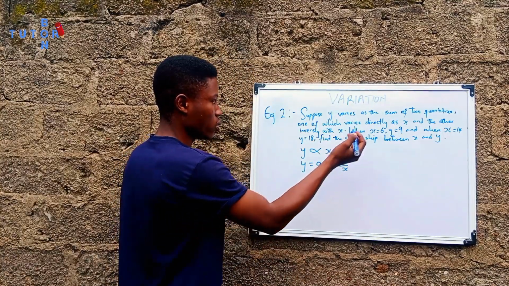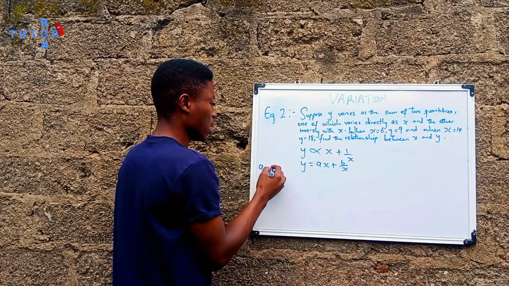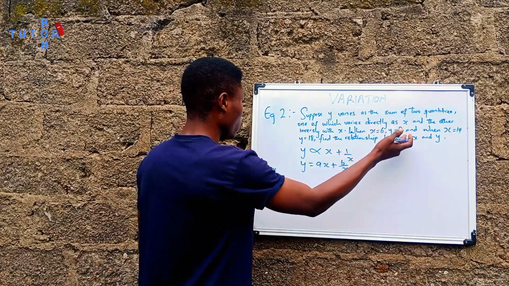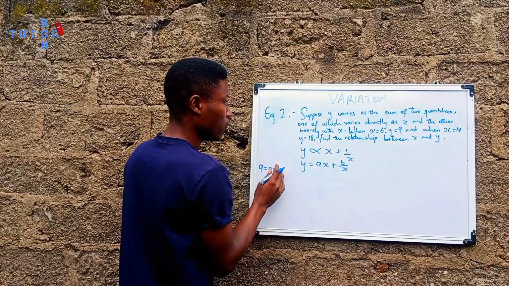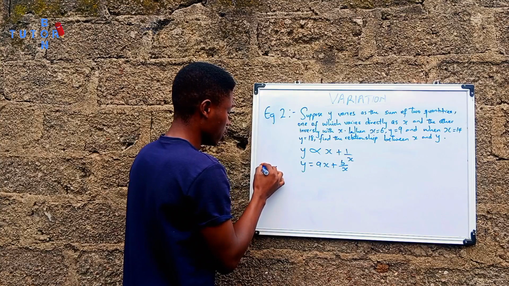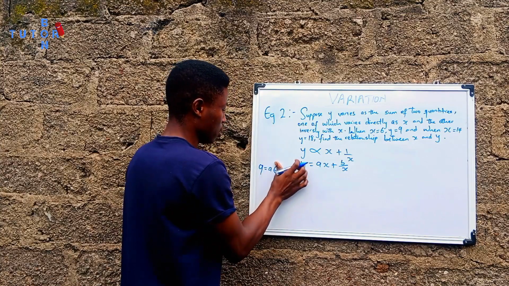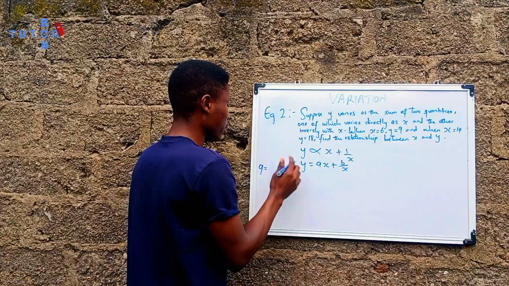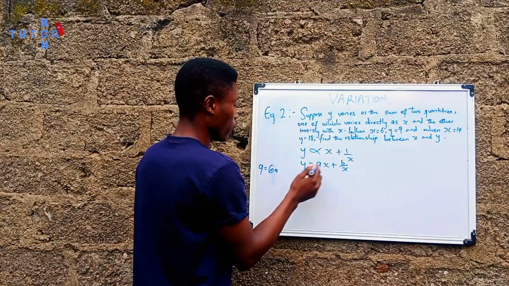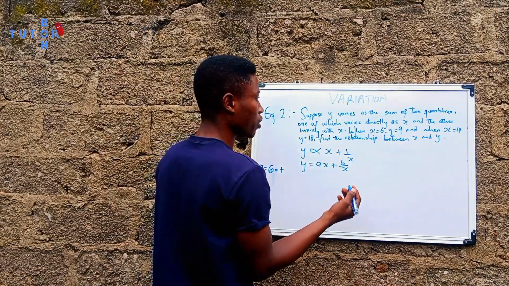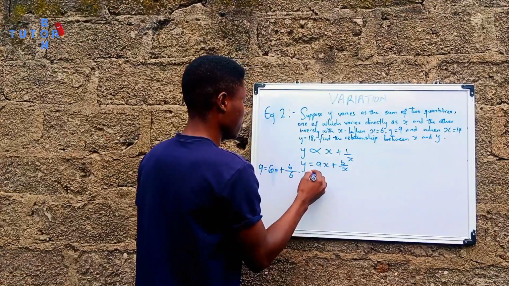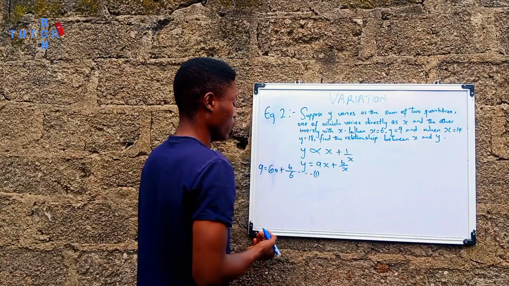When x equals 6, y equals 9, that is 9 equals a times 6, let's say 6a, plus b, the second constant, which is still unknown, b over 6. Let's say that's our first equation.